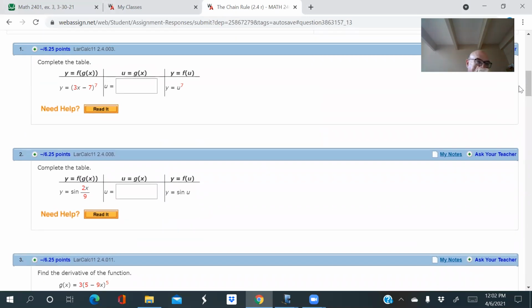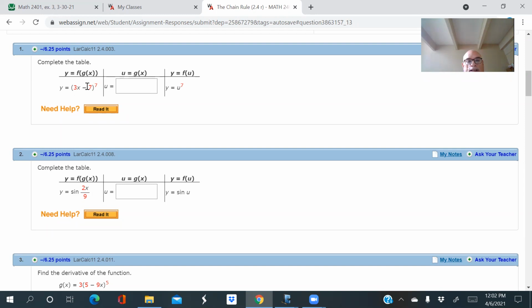All right. So I think the purpose of this question was to try to get you thinking about what two key functions are involved in this function y equals (3x minus 7) to the 7th power, right?